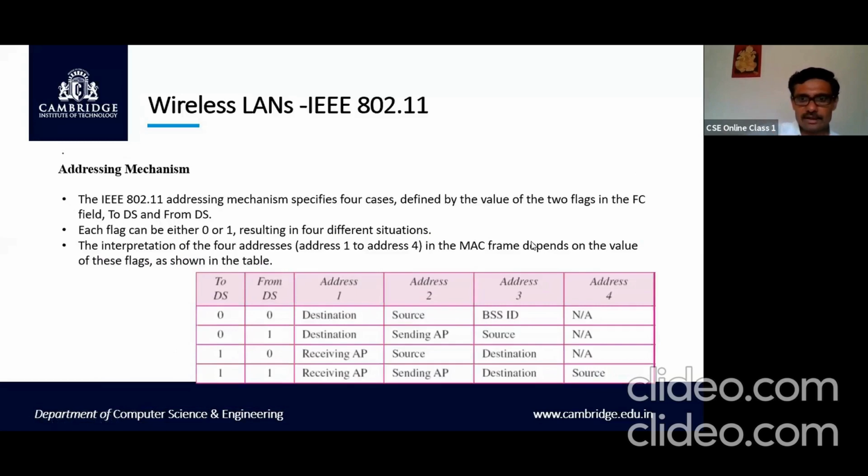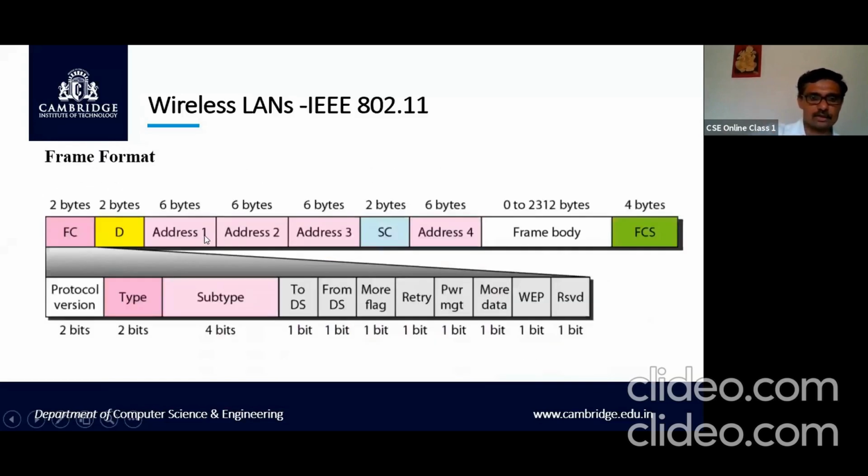Now, in this particular table, you can see the address fields. You may ask why there are 4 addresses here. Only sender and receiver is sufficient, right? One address for the sender, another one for the receiver. Why do we have 2 more fields here?